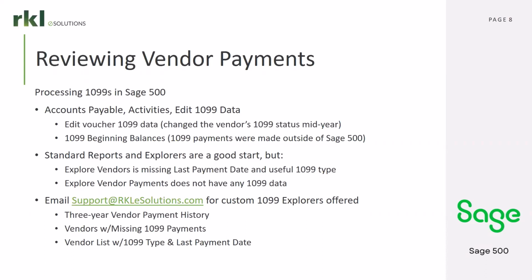You can email RKL support. Email number is there, and what we've done is added some custom explore screens that, for instance, will give you 3-year vendor payment history, vendors with missing 1099 payments, and a vendor list with the 1099 type and the last payment date.